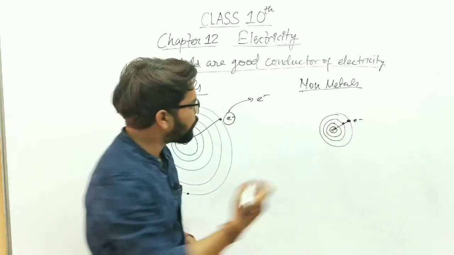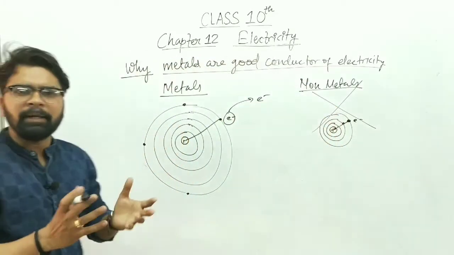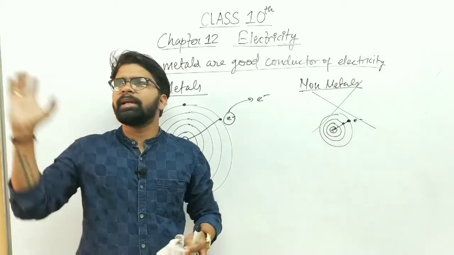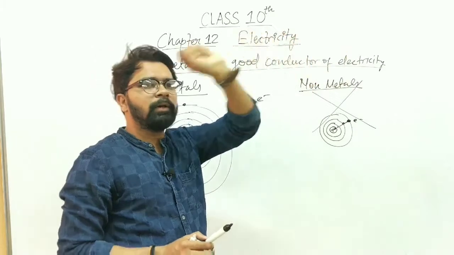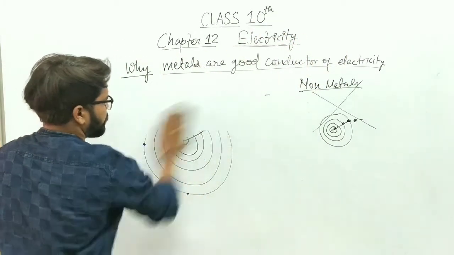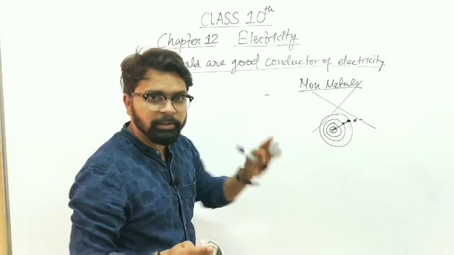So we are not using non-metals. We deal only with metals like copper. As you all know, in our domestic electric circuit we use only copper wire, aluminum wire, and so on. So the concept is clear: why metals are good conductors of electricity, because of the size of the atom, not non-metals.